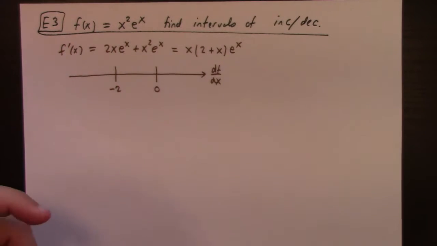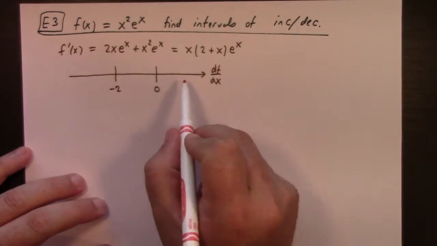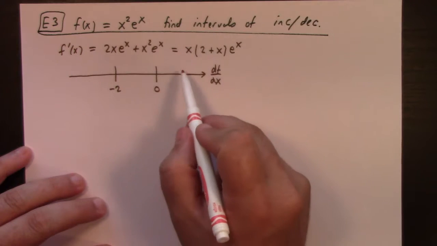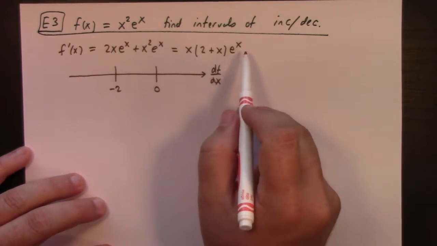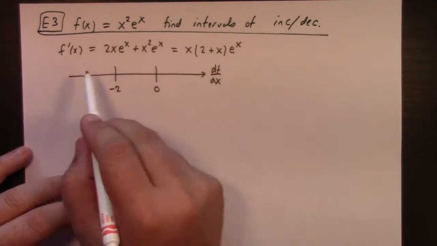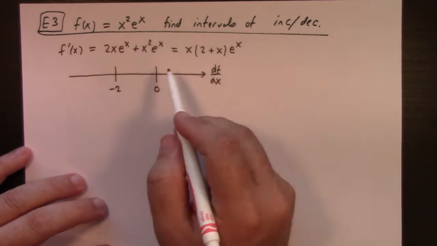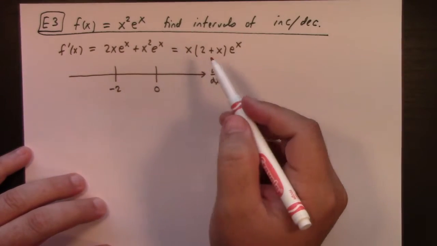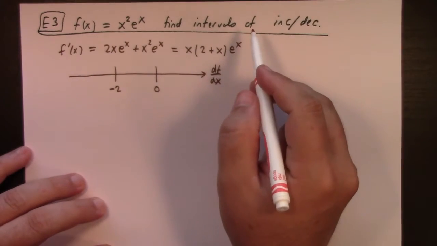So just plug in a point, like 1, for example. By the intermediate value theorem, this has to stay positive or negative on one side of the 0 or the other. The only place it can change from positive to negative is at a 0. So it suffices to check in each subinterval to figure out what the sign is of this thing everywhere.